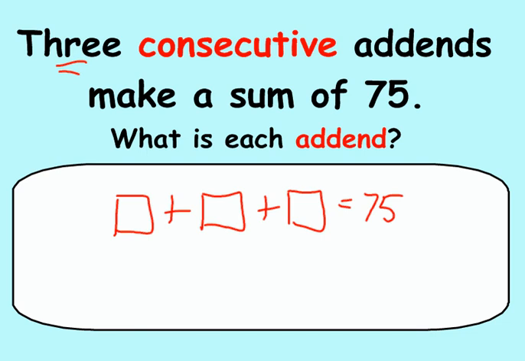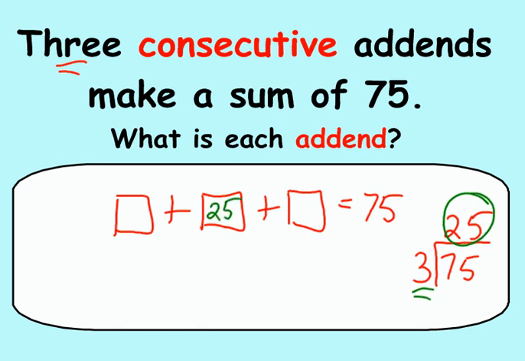In the last example, we divided by 2 because it was 2 consecutive addends. In this example, there are 3 consecutive addends, and that actually goes into 75 exactly 25 times. This will work every time with 3 numbers. 25 is going to be your middle number.